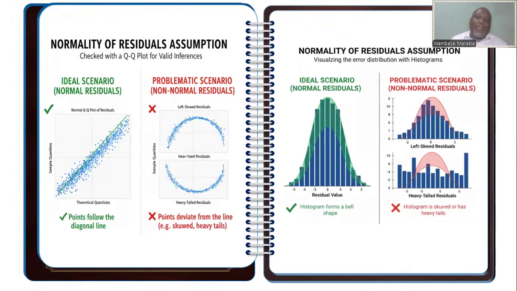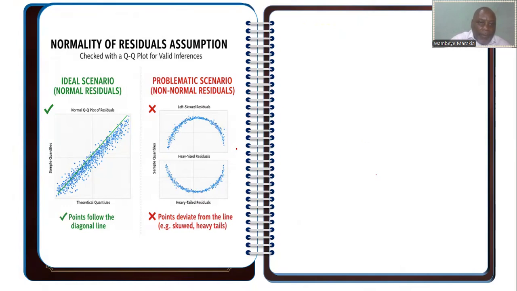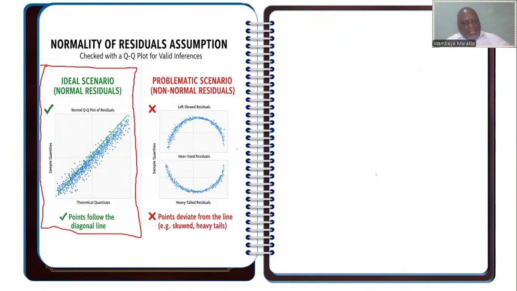I have 4 images here of how we are testing. Now, if you plot your data points and you get the figure I'm circling on the left, then this is the ideal scenario.